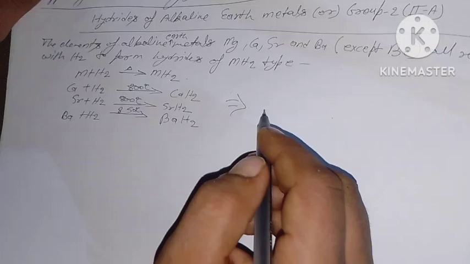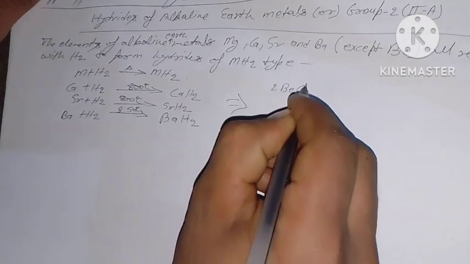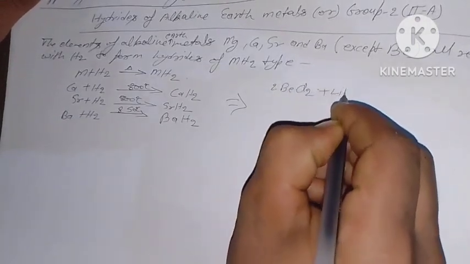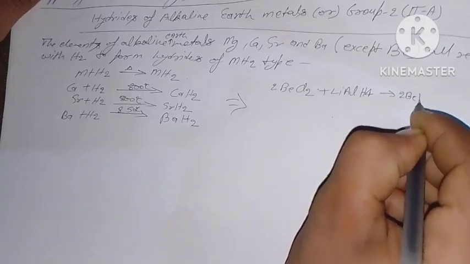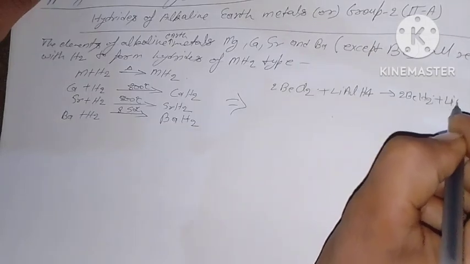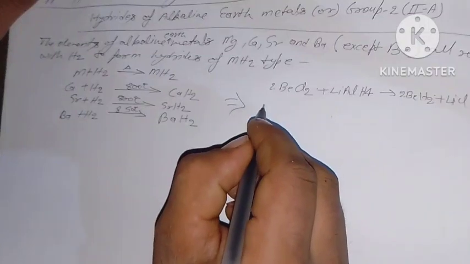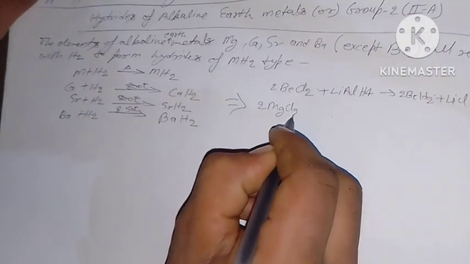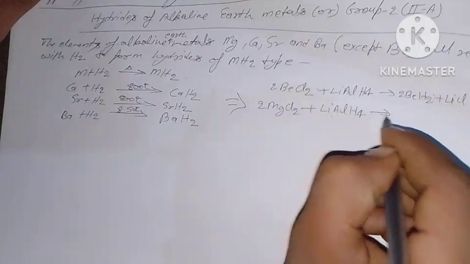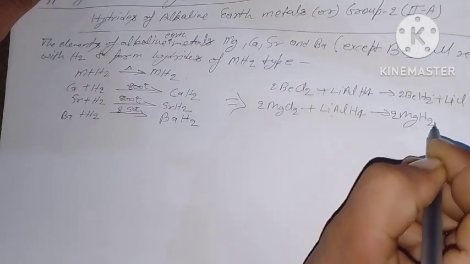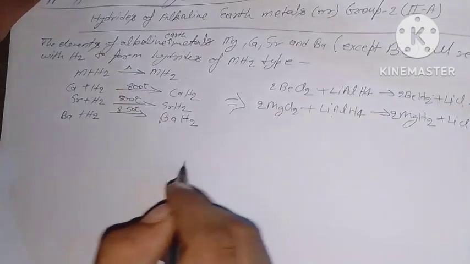As an example, 2BeCl2, beryllium chloride, plus lithium aluminum tetrahydride gives 2BeH2, beryllium hydride, plus LiCl, lithium chloride, plus AlCl3, aluminum chloride. And 2MgCl2 plus lithium aluminum tetrahydride gives 2MgH2, magnesium hydride, plus LiCl plus AlCl3.